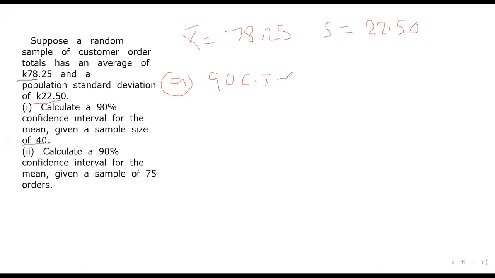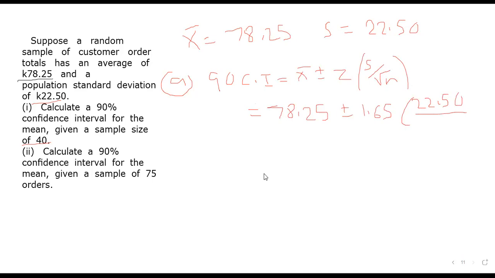So how do we find this? Mean plus minus z times standard deviation over square root of n. So here we're going to have 78.25, and at 90%, what is our z? 1.65 or 1.645, same. Then here we're going to get 22.50, and our sample size in this case will be 40.